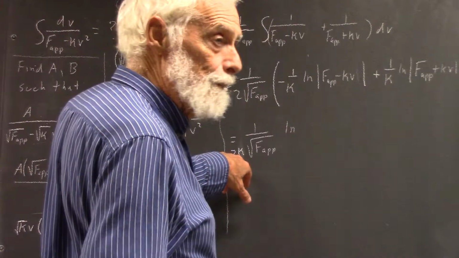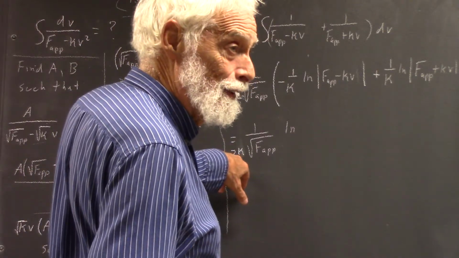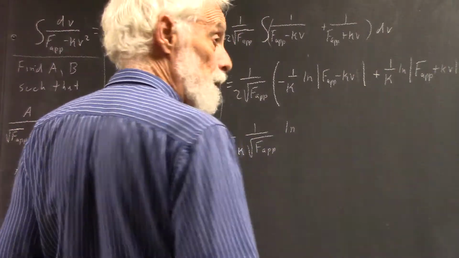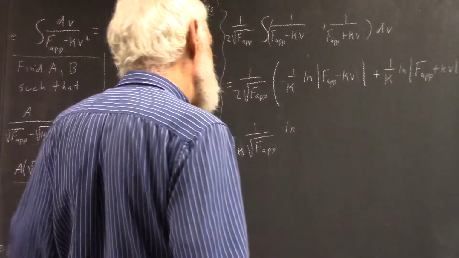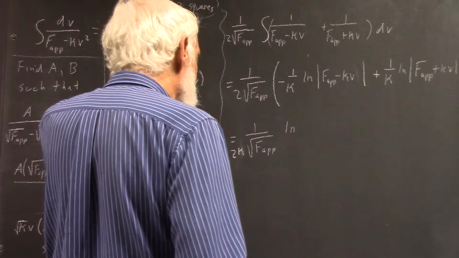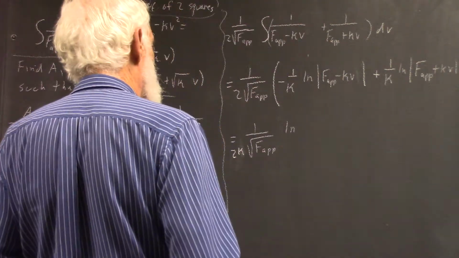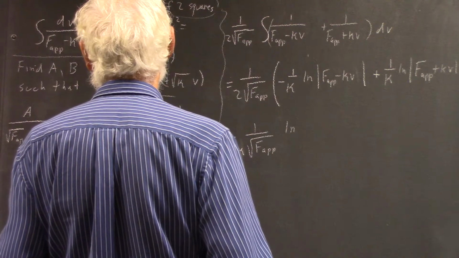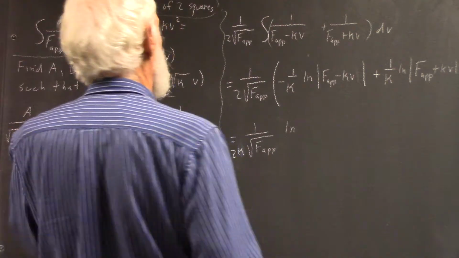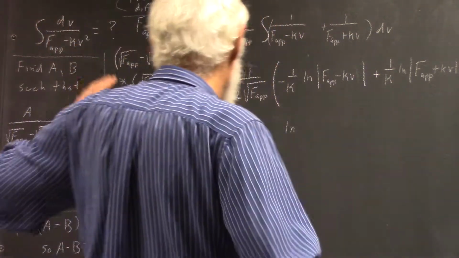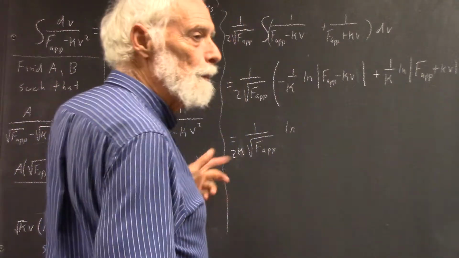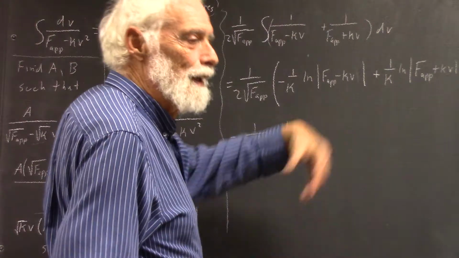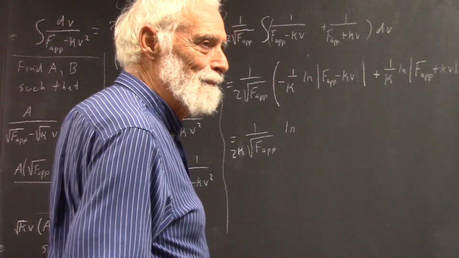I'm checking the units of this in my head, thinking about what the units on the right-hand side are going to be, which are going to be time. And you know what? Oh yeah, it's got the mass in it. Okay, never mind. I was disturbed by something that was going to happen in the near future because I forgot that I had my mass term over on the other side.